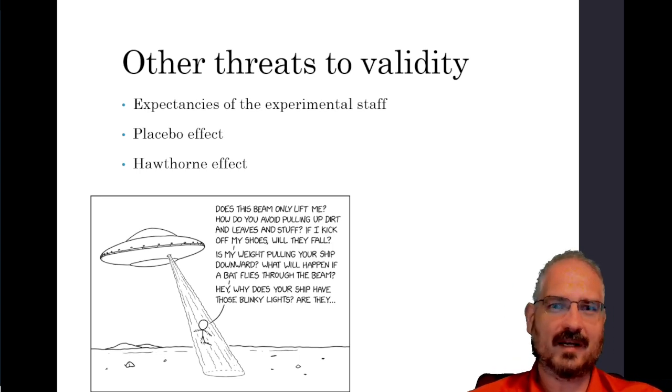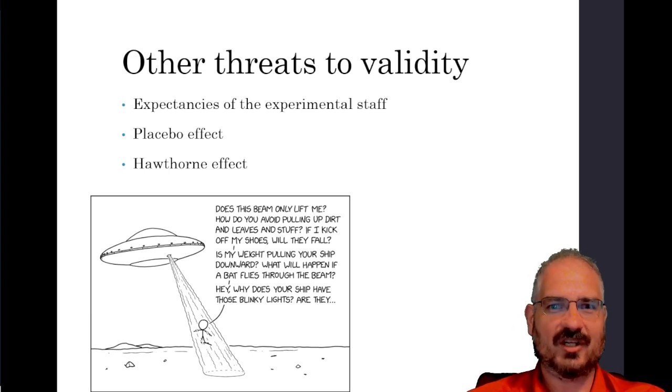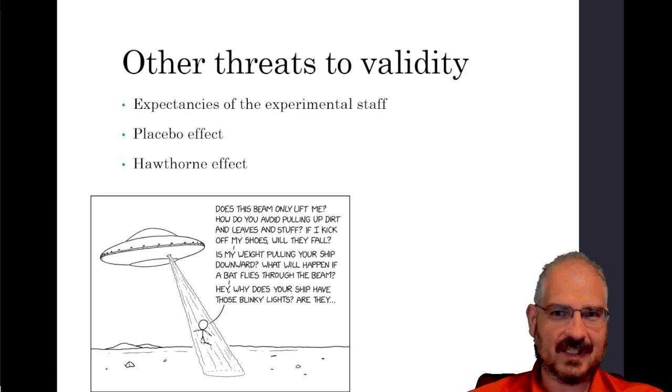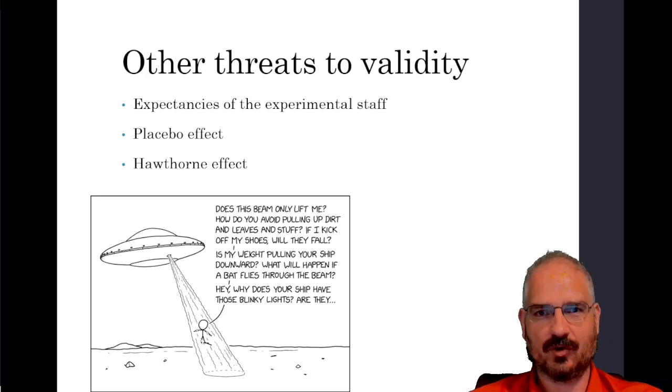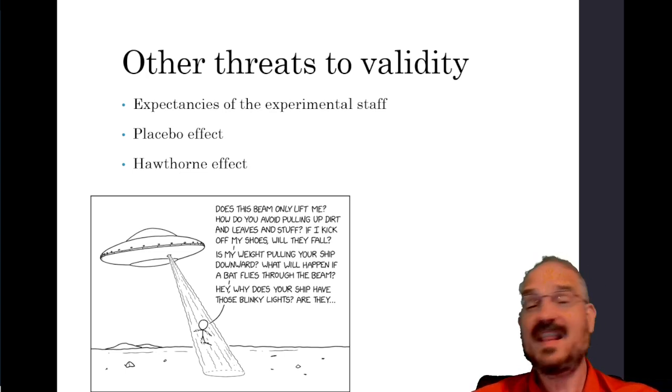And this is why in medical trials they always do what's called a double-blind study. And that's where neither the patients nor the doctors actually treating them know who's in the experimental group and who's in the control group. So that way the doctors are going to evaluate people and treat people the exact same, no matter which group they're in, because even they don't know.